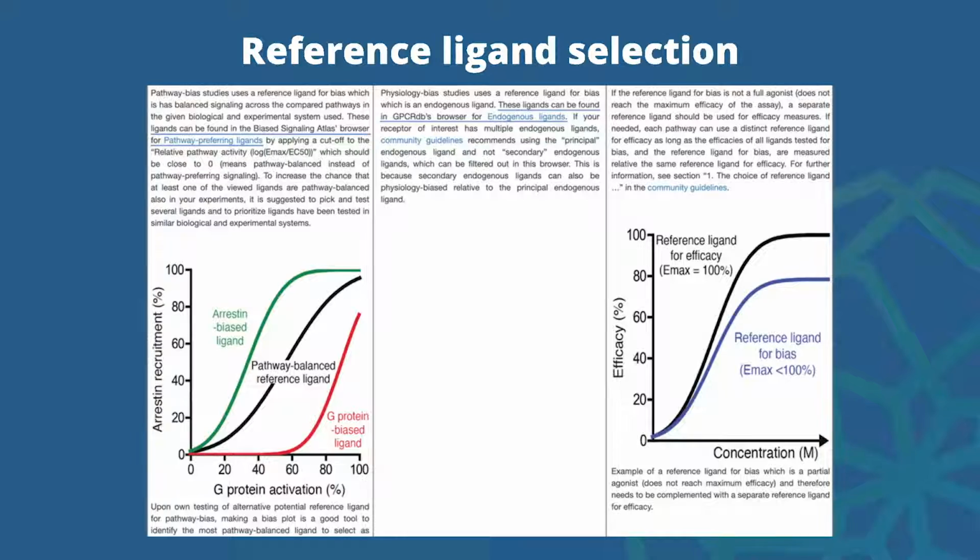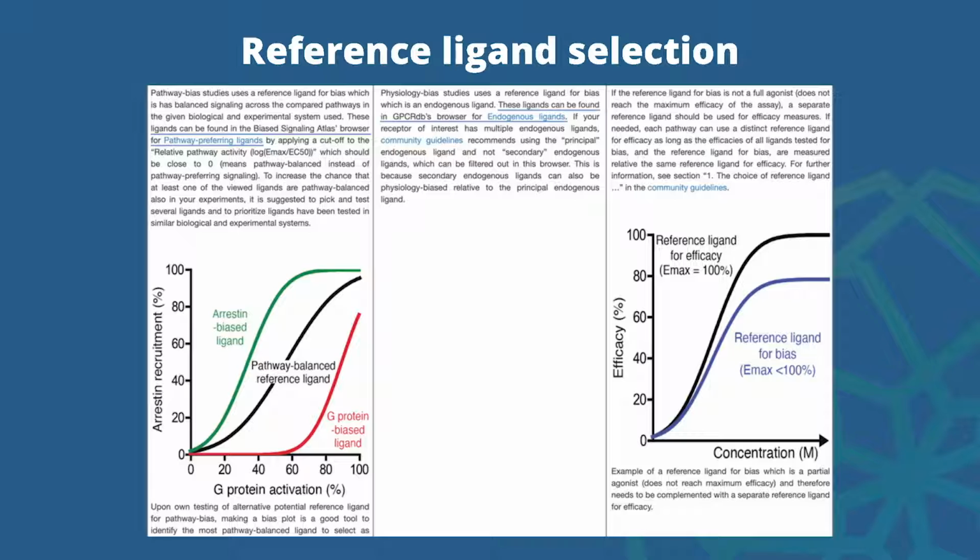So we set out in the guidelines to define 3 types of bias, which is defined by 3 types of reference ligands. I think the first one is what we call pathway bias, which means the isolated or at least strongly preferential signaling of your tested ligand in one out of 2 pathways, such that you can get a functionally selective response.